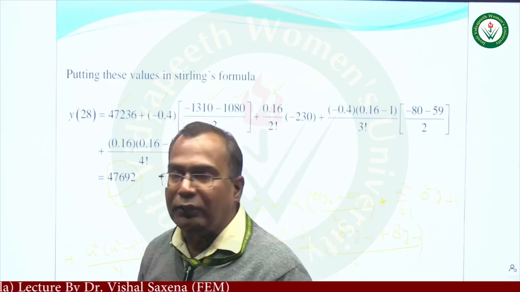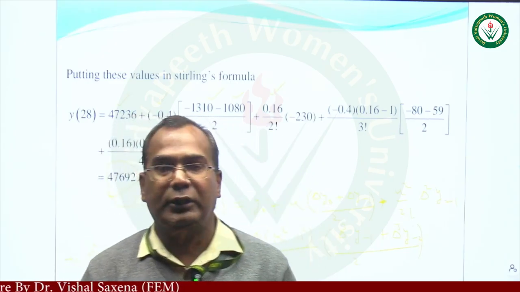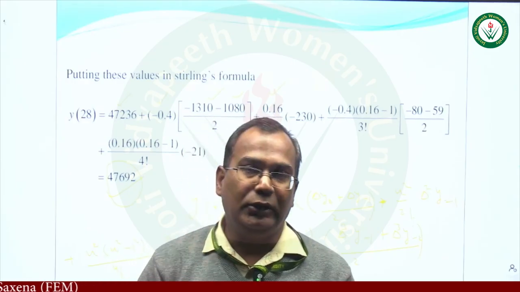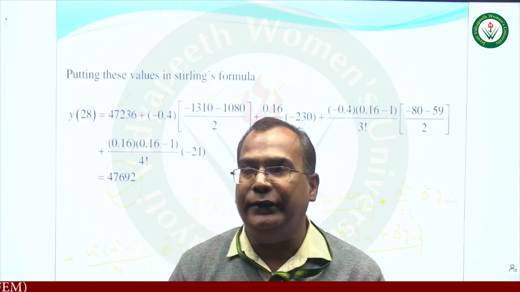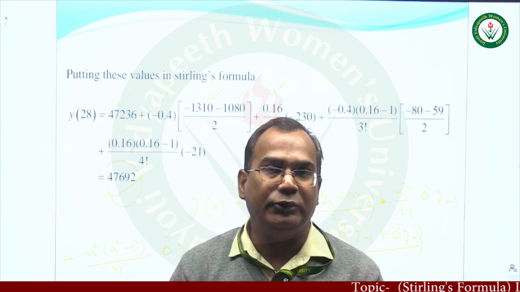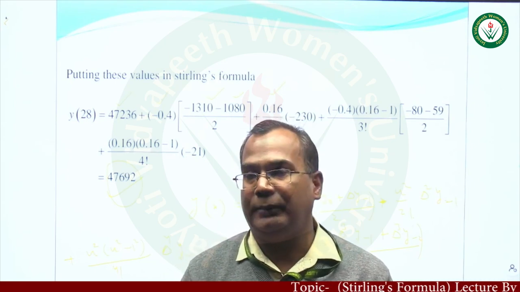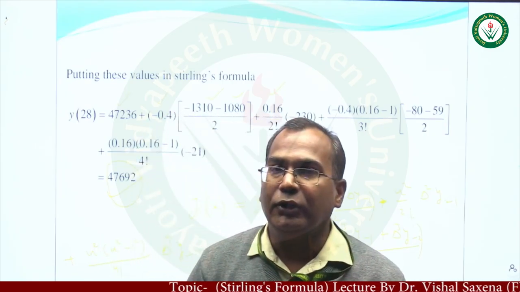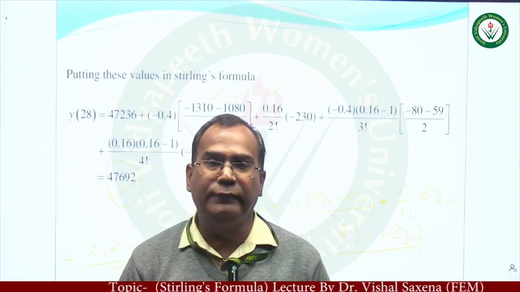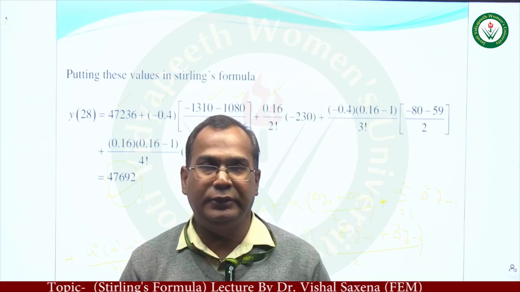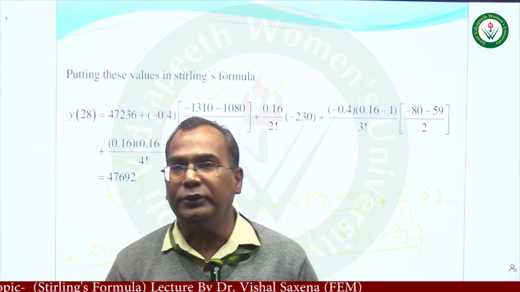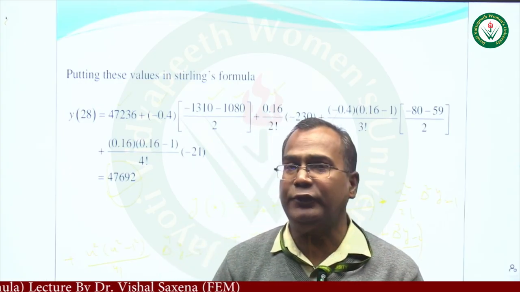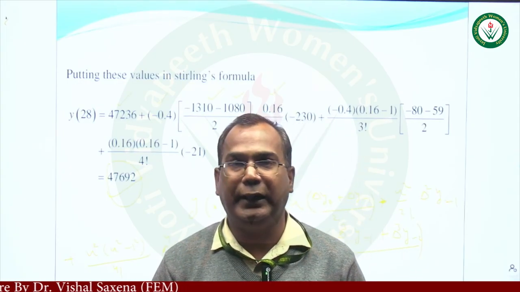So in this way we can interpolate the unknown value of y at some value of x using Stirling's formula, and this x should lie at the center or around the center of the given data table. This is a very important formula, and as we already know, it can be applied for equally spaced intervals of x.